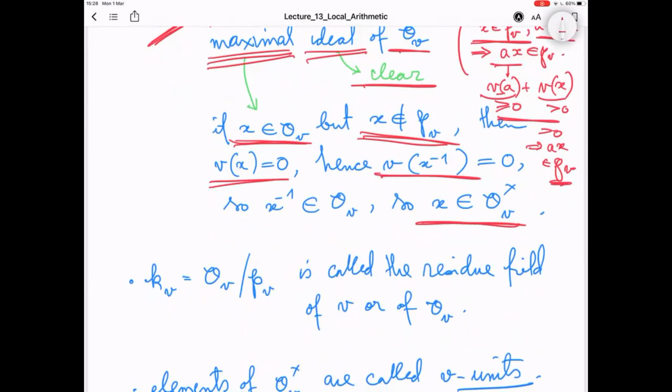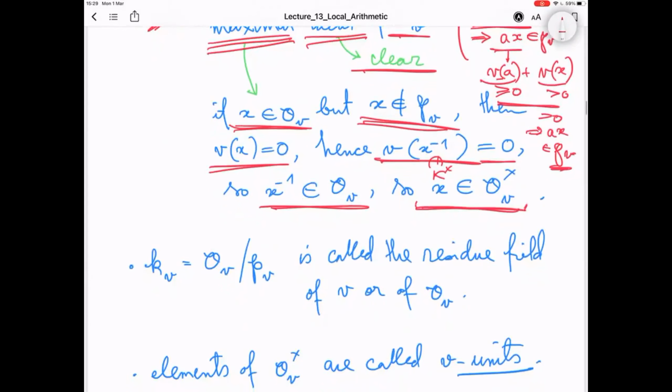And therefore the valuation of its inverse is also 0. This inverse is being taken in K star. But if its valuation is 0, then this inverse has to be in O V, because O V consists of all those elements of K whose valuation is positive. Now, if x inverse is in O V, then x is in O V star. That's what it means for x to be in O V star: its inverse should be in O V as well. So this is easy, that it's a maximal ideal.